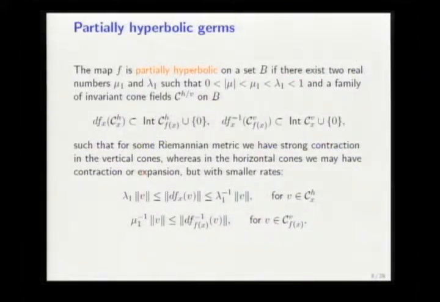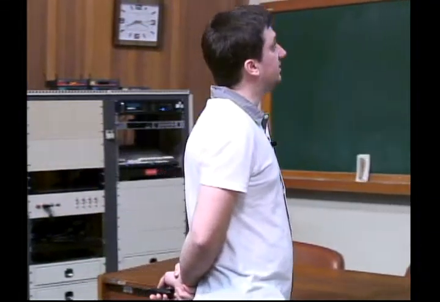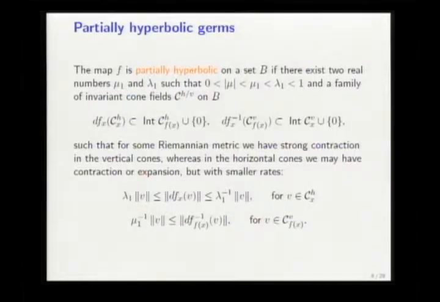Such a germ, a semi-neutral germ, is in fact partially hyperbolic in a neighborhood of the origin. Partial hyperbolicity, well, we already saw what it means, but let's have a closer look at it in our context. You have an invariant family of cones, let's call them vertical and horizontal.